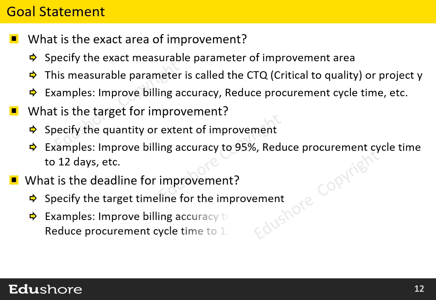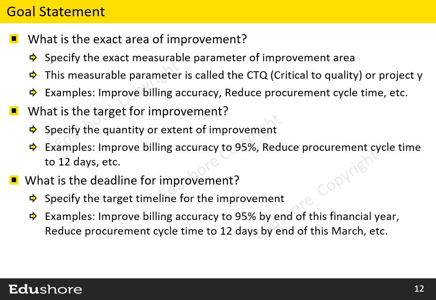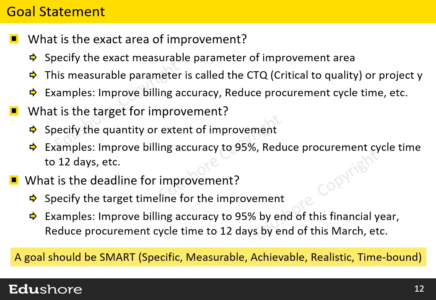For example, improve billing accuracy to 95% by end of this financial year. Reduce procurement cycle time to 12 days by end of this March, and so on. This makes the goal statement complete. In short, the goal should be SMART: specific, measurable, achievable, realistic, and time-bound.